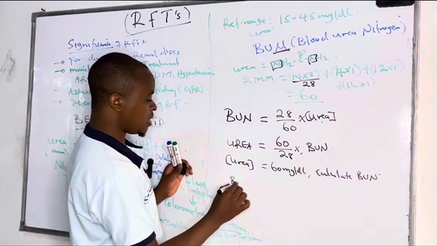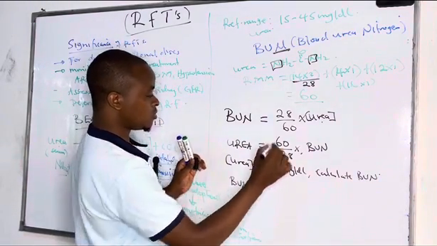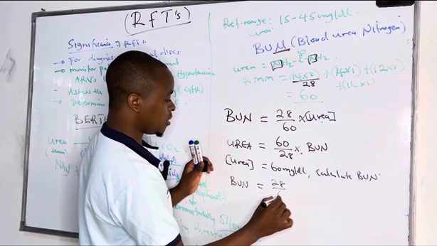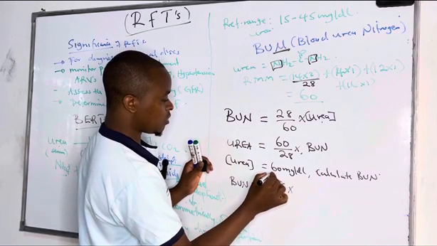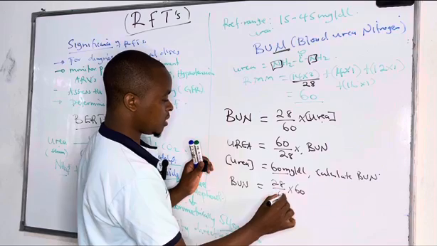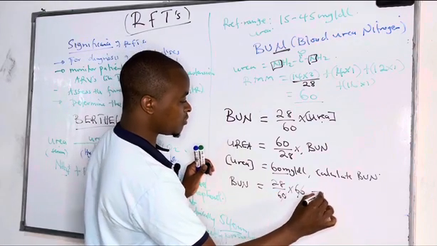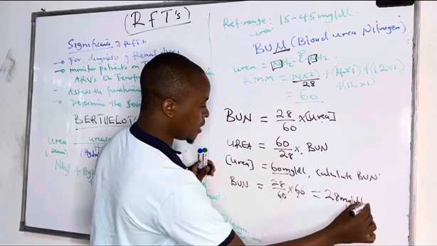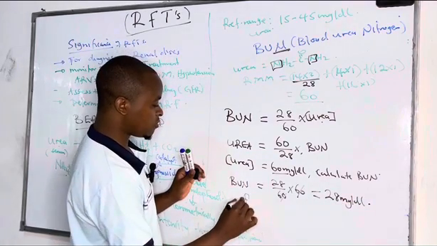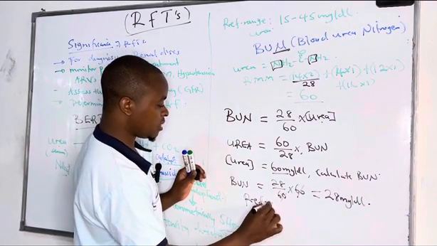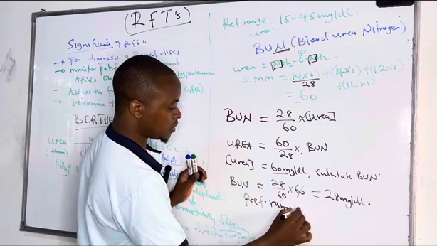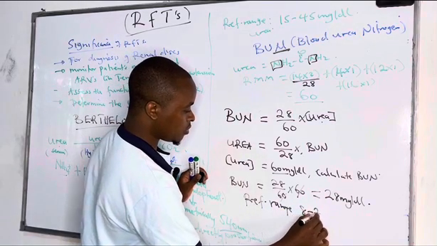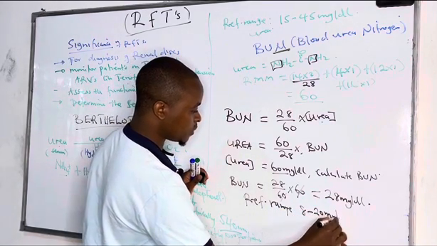To get blood urea nitrogen, it is equal to 28 out of 60 times urea concentration, which is 60, and this 60 will cancel with this, and I get 28 milligrams per deciliter. And the reference range of BUN is 8 to 20 milligrams per deciliter.